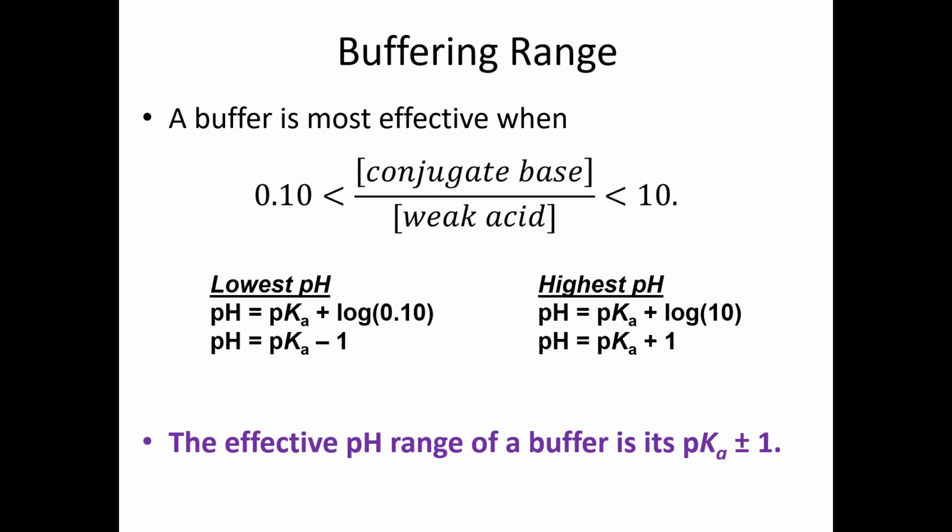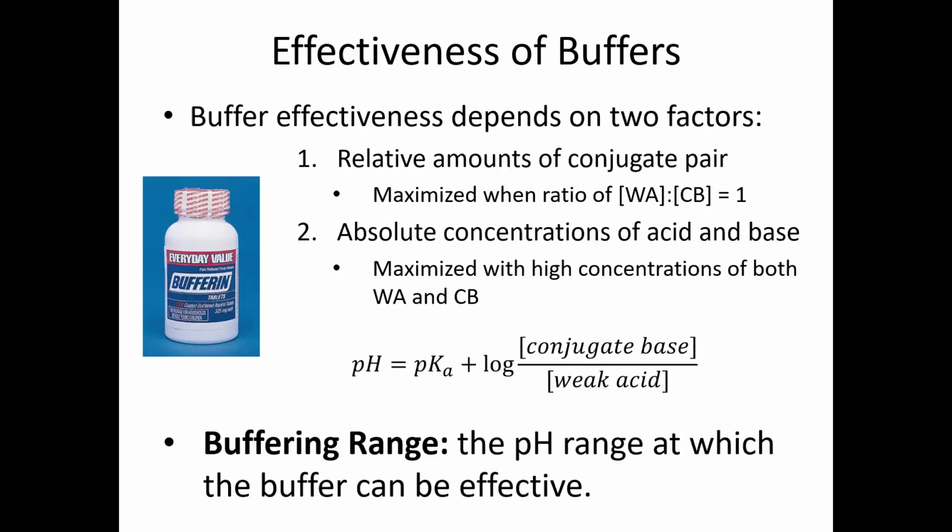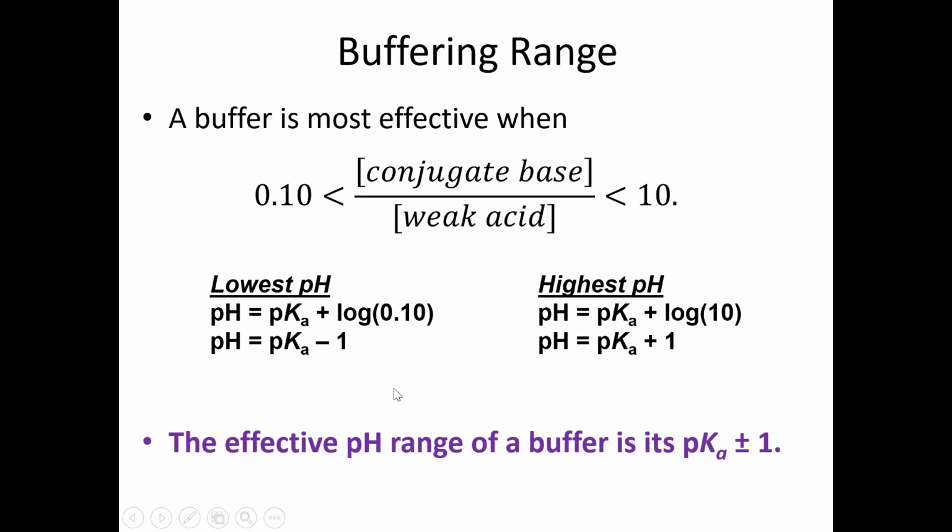And so that means if you actually go back and calculate the Henderson-Hasselbalch equation, so if we plugged in 0.1 over here, if you get the log of 0.1, what do you get? Okay, the log of 0.1 will get a -1. If you go to the Henderson-Hasselbalch equation and you take the pH equals the pKa plus the log of 10, the log of 10 is 1.